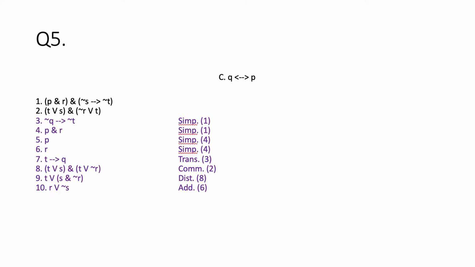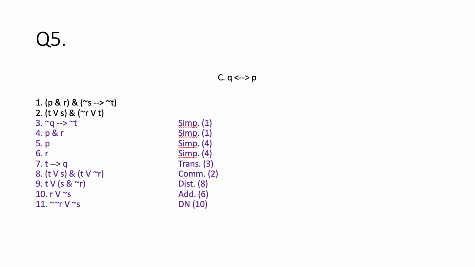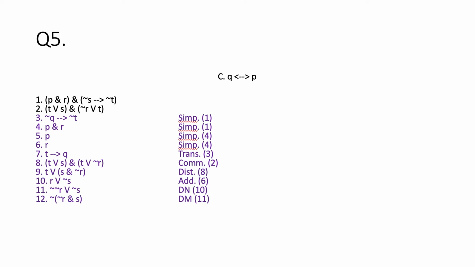So I'm going to get it ready for De Morgan's by first using double negation on 10, turning the R into a not R. Now I'm going to do De Morgan's on 11, turning that disjunction into this conjunction.